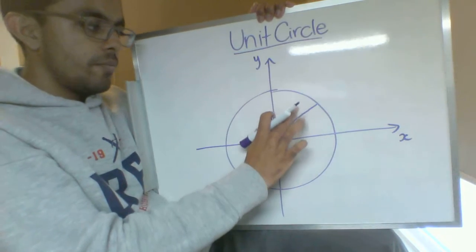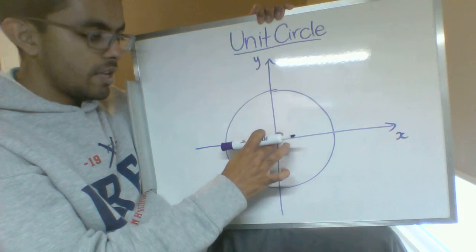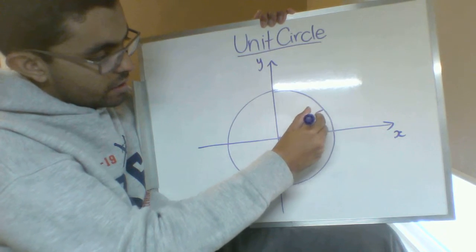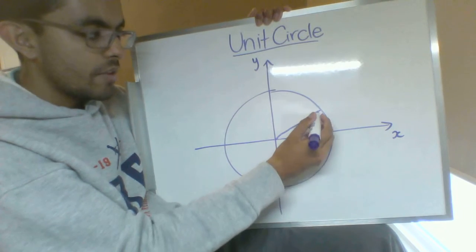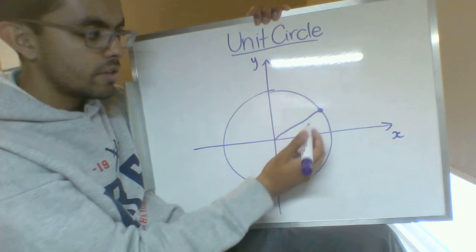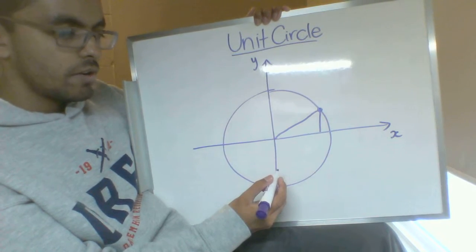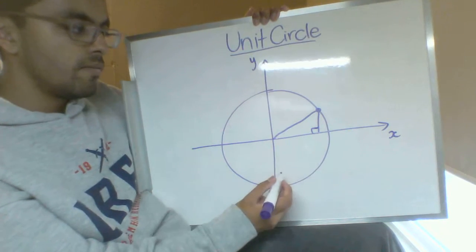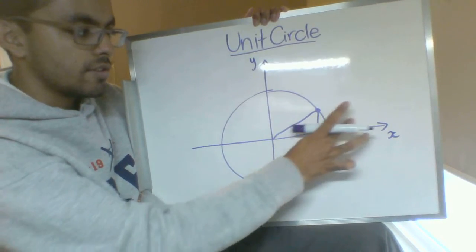All right. Now, let's say I draw a line right here, like that. And then from this point where it meets the circle, I draw a line straight down. Now this line makes a right angle with the x-axis, right?